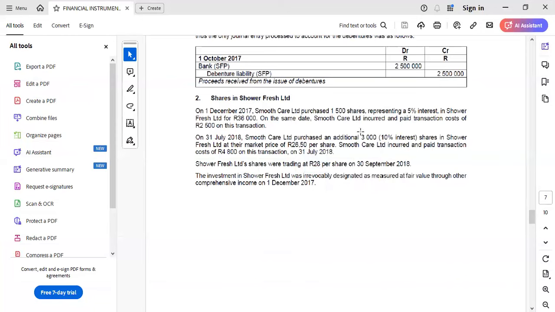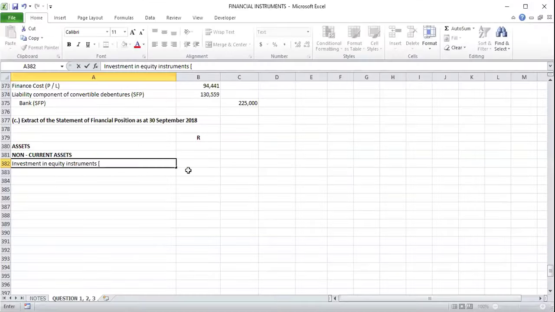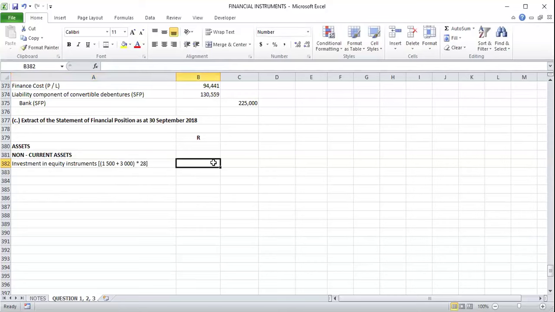So we'd say 1,500 plus 3,000 multiplied by 28. What do we get? 126,000. So you include them at the closing share price, whether it has gone up or gone down, as long as we are measuring them at fair value. You include them at the closing price.